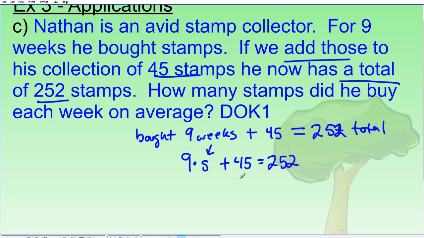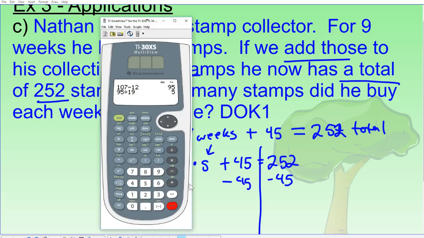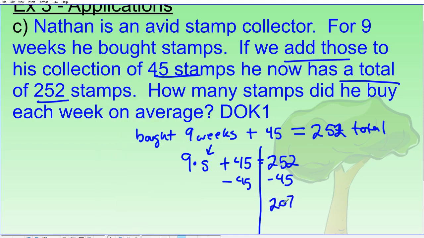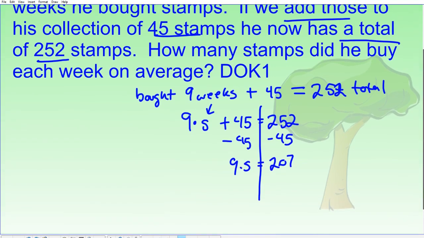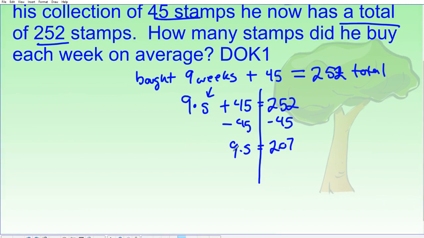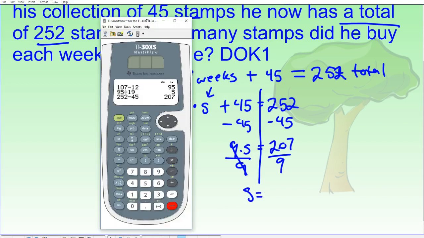But if we take the 252 and start solving this equation by subtracting 45, 252 minus 45 is 207. So in those 9 weeks, he bought 207 stamps. If we divide by 9, that will tell us how many stamps he got each week on average.